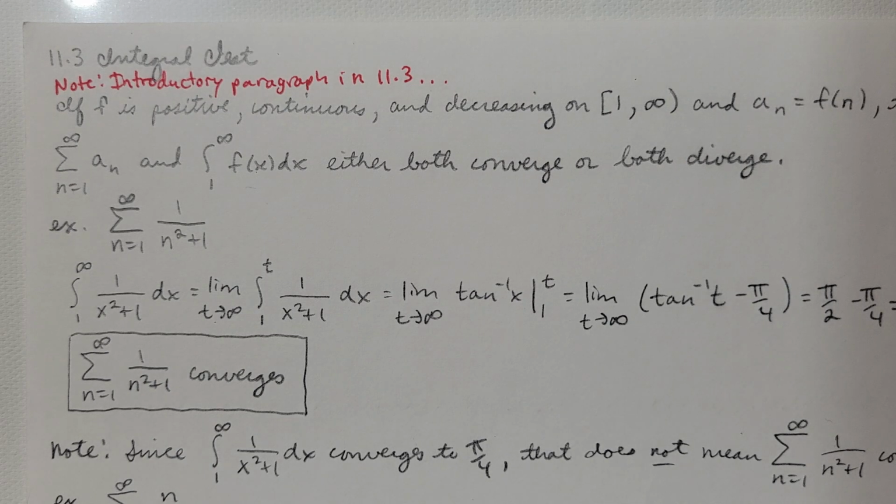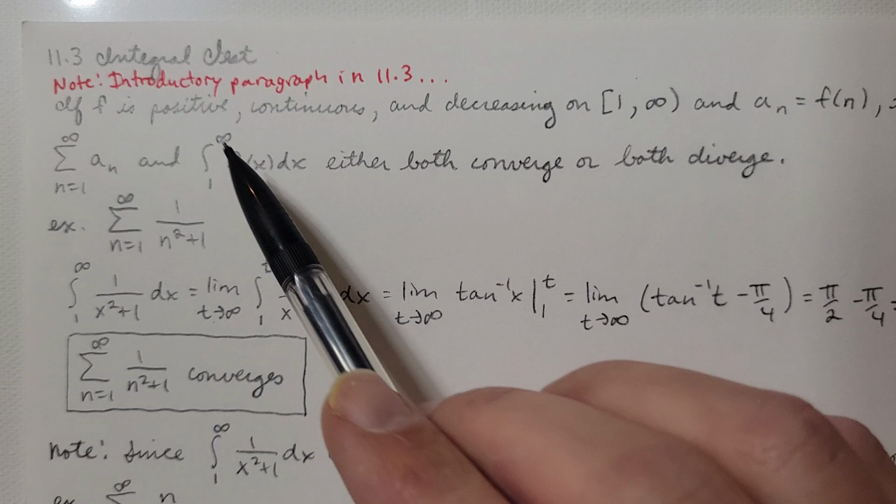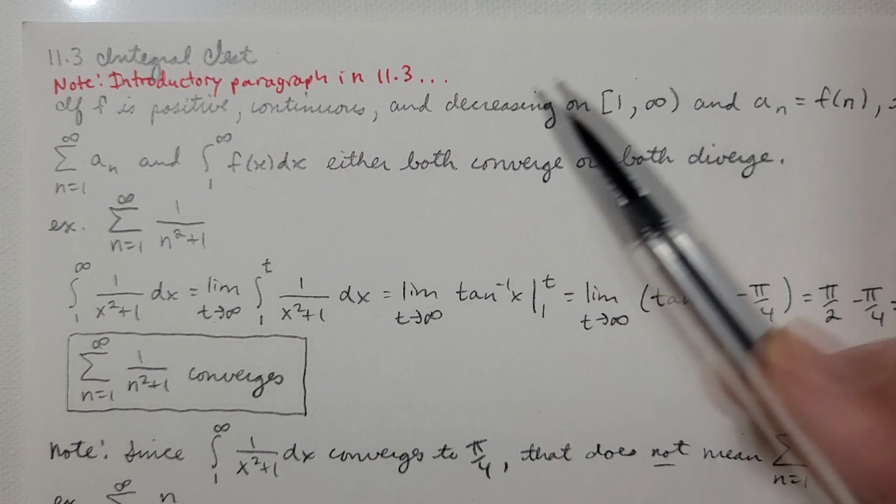So in this first example, what if I had the series given by the sum as n equals 1 to infinity of 1 divided by n squared plus 1? I want to know, does that series converge or diverge? Well, I need to check that these three conditions hold for using the integral test.